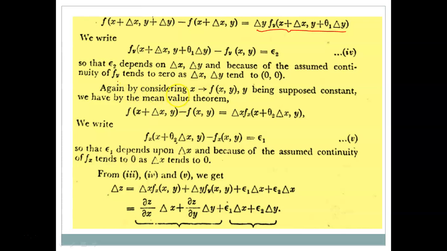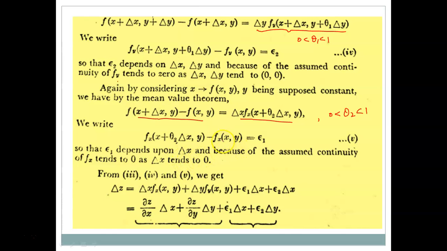Again, considering the second difference, we get this quantity. Obviously this theta 2 will be between 0 and 1, and theta 1 is also between 0 and 1, and let this be epsilon 1. Epsilon 1 tends to 0 as delta x tends to 0.